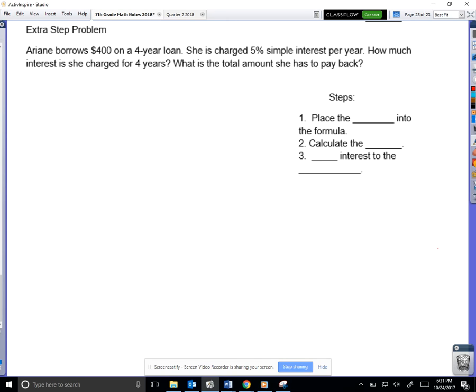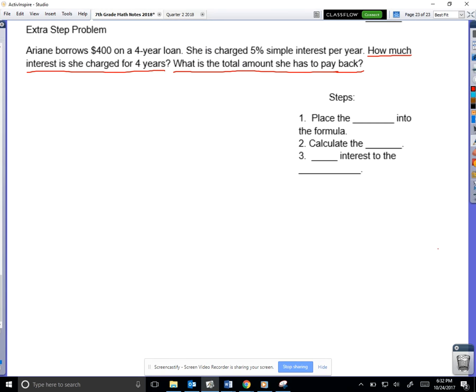How much interest is she charged for 4 years? And what is the total amount she has to pay back? So we got a double question math problem here. First, we want to find out how much interest she is charged for 4 years. And then secondly, we're going to find out what is the total amount she has to pay back.